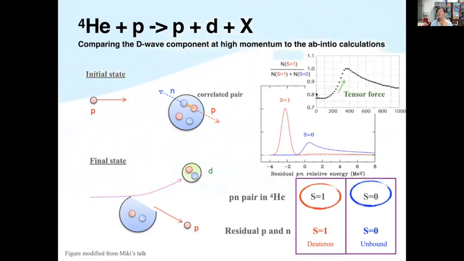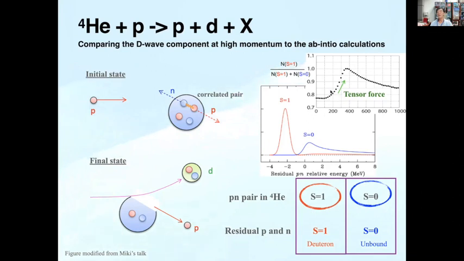So if the tensor force works stronger in high momentum, this is the calculation based on the fraction of S equal 1 and 0 based on relative momentum.